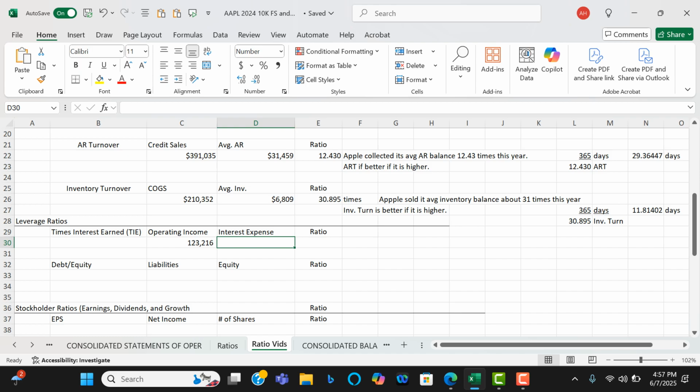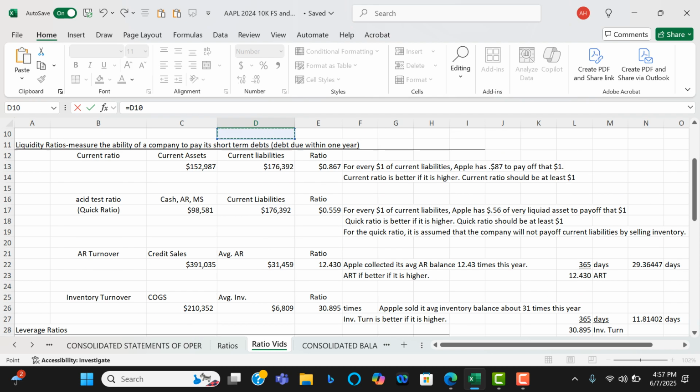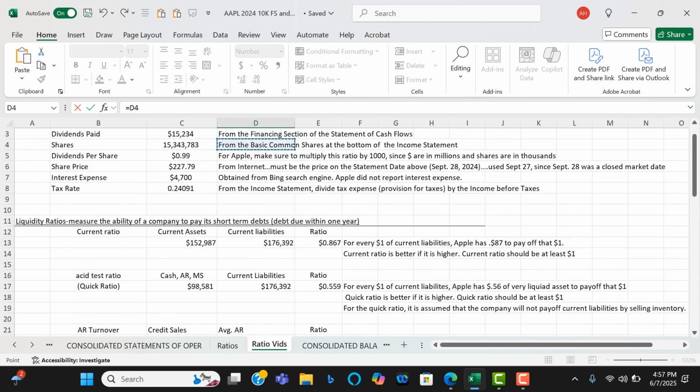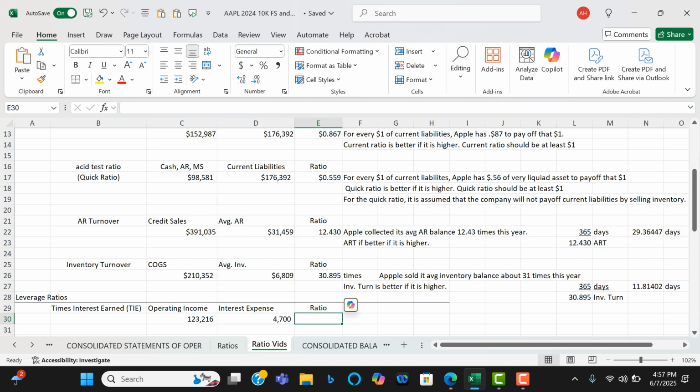But Bing, using sources such as financial analysts, calculated that Apple paid between 4 and 5% interest, so about 4.7% interest. That's why I put this interest expense up here, because it took a lot of research to get from the internet. But I cannot believe that a company with $85 billion in debt had no interest expense. They did. Like I said at the end of that video, they didn't report any. That doesn't mean they didn't have any.